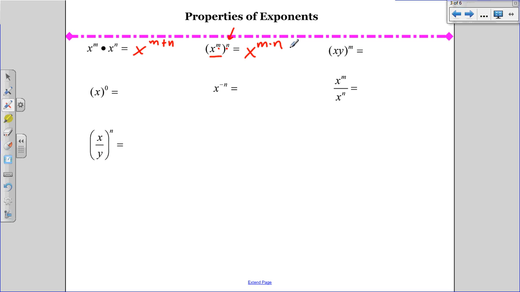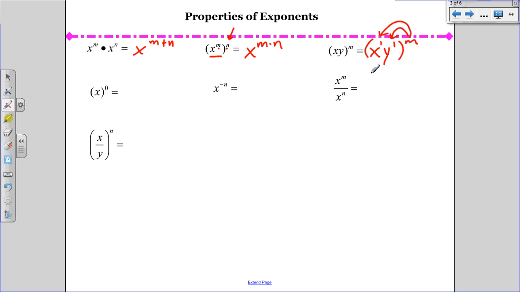Okay. So here we have x and y together repeated m times. So really what we want to do is show x to the first power, y to the first power. So that means it's repeated once. So those are like imaginary ones. We don't have to show those all the time. But when it's m on the outside, we want to distribute the exponent to each.